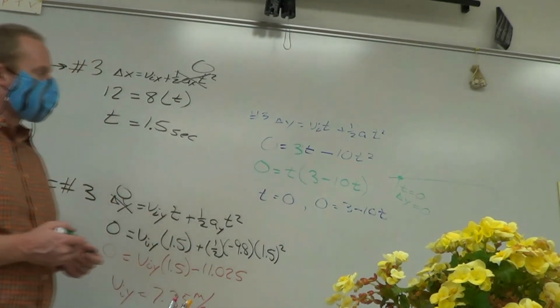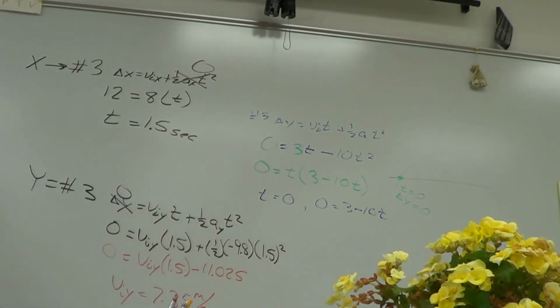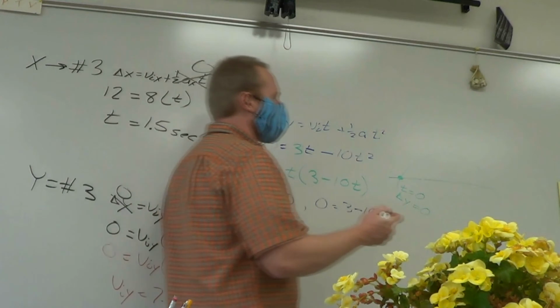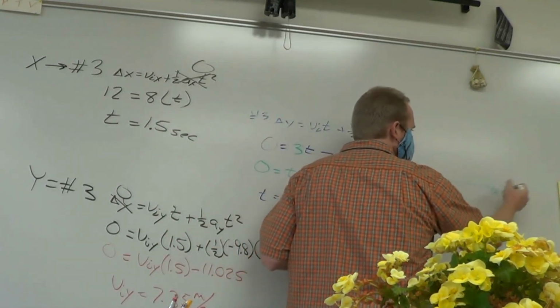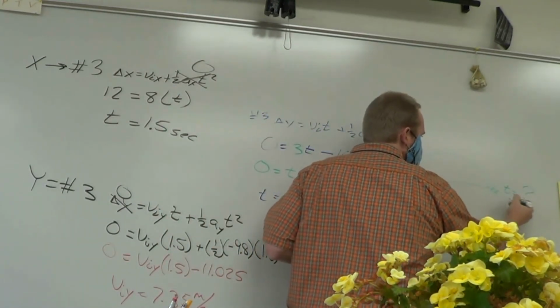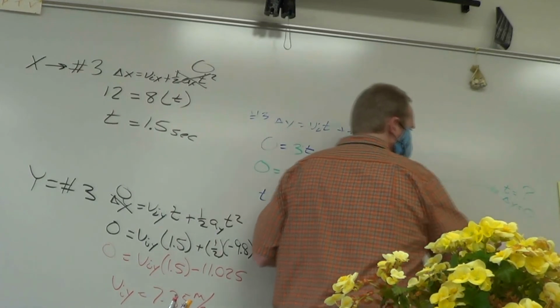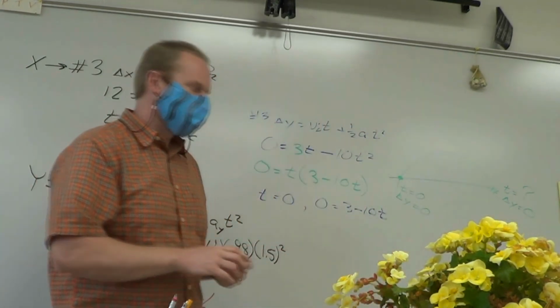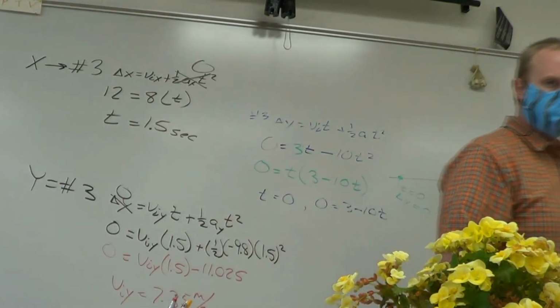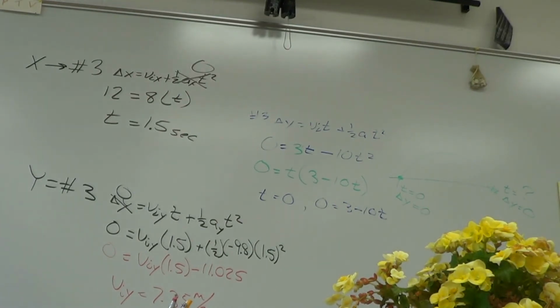So if t is equal to 0, delta y is equal to 0. But most of the time what we're really worried about is the time where my delta y is equal to 0 again.